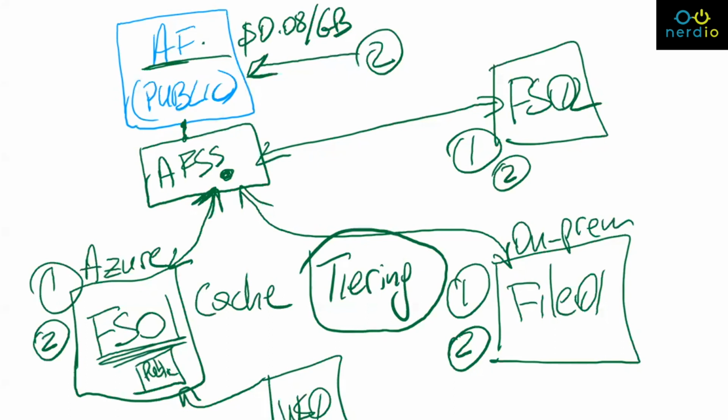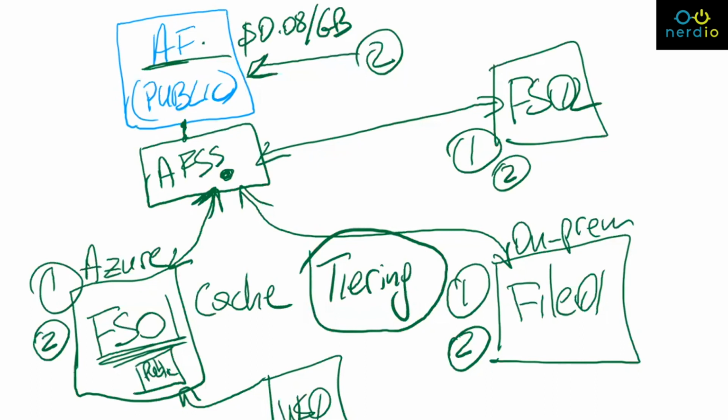So if I'm on WSO1 and I have 10 terabytes of storage up in Azure Files in a share called public, that share is synced to FSO1 via Azure File Sync. FSO1 then shares that folder called public to me as a share called public. So now I'm mapping a drive to it. I open it up and I see I have 10 terabytes worth of data with 10 million files, however many files are there.